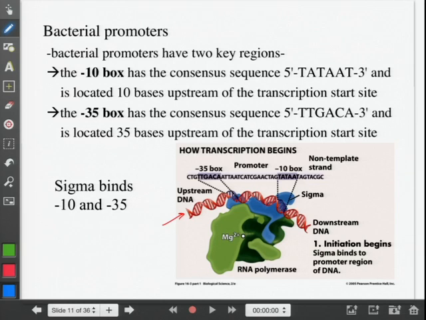So essentially, I'm kind of lying, but most of them have specific sequences in this promoter region, that region right upstream of where transcription starts, that sigma recognizes. And we're not going to memorize the sequences, because we don't care. If you end up studying the sigma factor in graduate school, you'll remember those sequences.